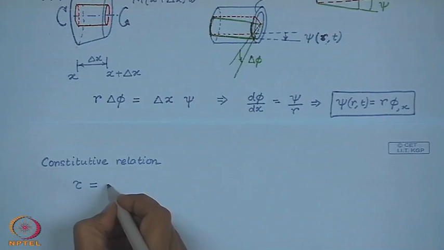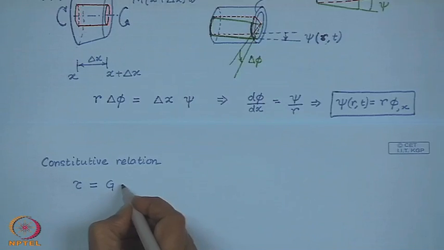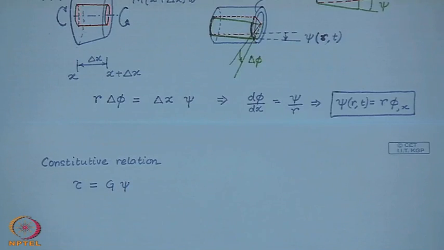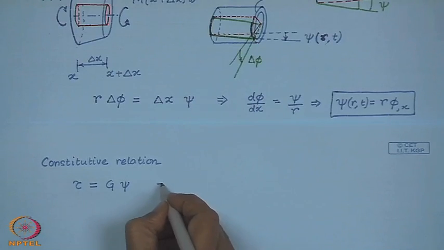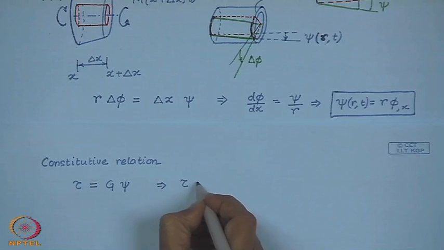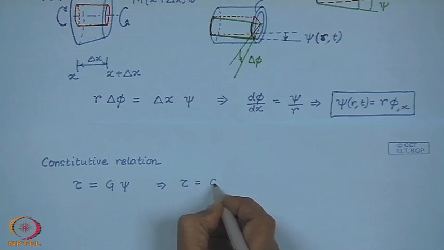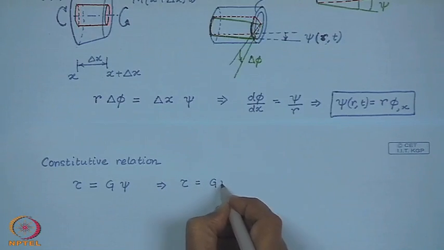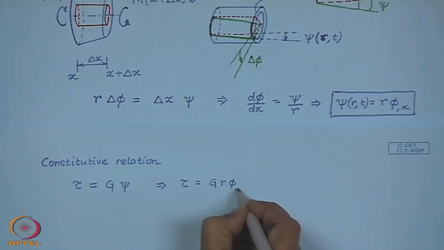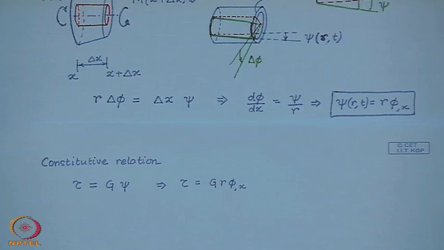So, the shear stress is G times the shear strain. If I use the kinematic relation in this expression, I have the expression of the shear stress at any radius r, at any location x, at any time t.